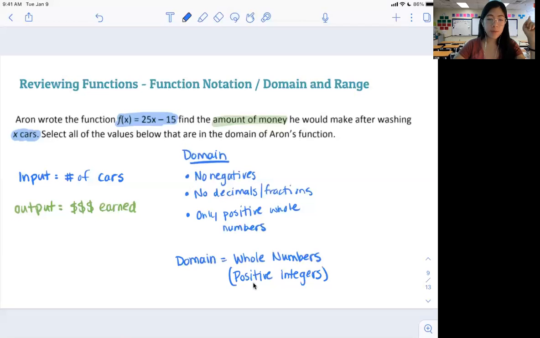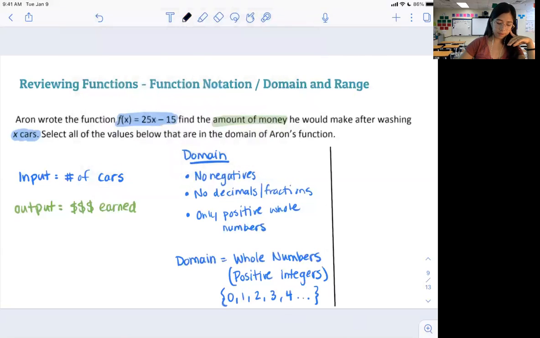Now, one last way that you might see this is as a list. It might list out the possibilities. You can have 0 cars, 1 car, 2 cars, 3 cars, 4 cars, and the dots mean go on from there. So that's basically the only possibilities if this was a multiple choice question. Questions on the domain?